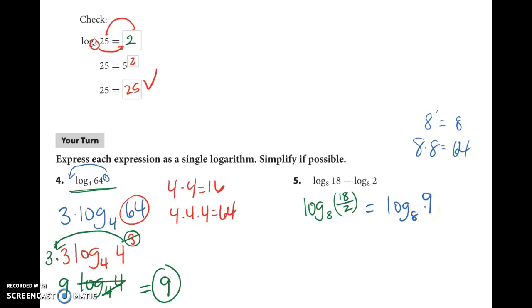So if I'm looking at my properties, I have change of base. Change of base allows me to write this as log 9 over log 8. And now I've changed these bases to be 10. This is just log base 10 of 9 over log base 10 of 8. And then I can plug this into a calculator and solve this. I'm using my calculator, and you should try this yourself.